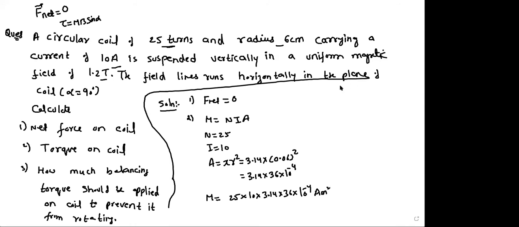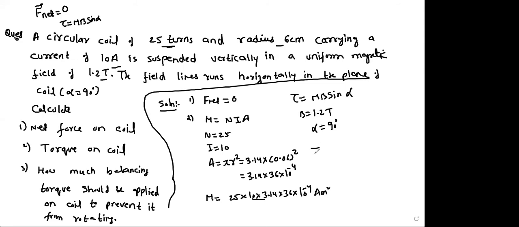Now, once you have magnetic moment, you can easily calculate your torque. The torque comes out to be mB sine alpha. You already have value of M. You know that your magnetic field is given as 1.2 Tesla. Your alpha is 90 degree.